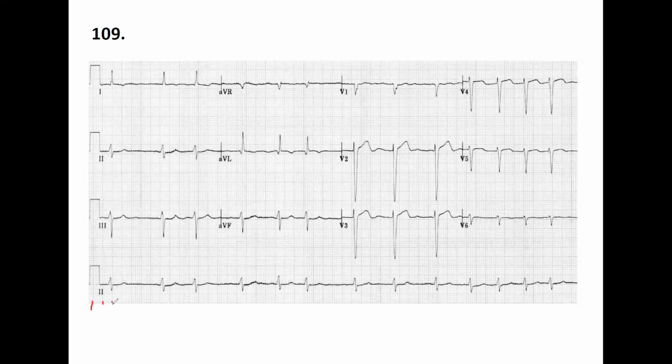Okay, 1, 2, 3. Okay, that should be 5. So the distance between is exactly this. So it means that 1 second is 1, 2, 3, 4, 5, that's 2 seconds, and so on.